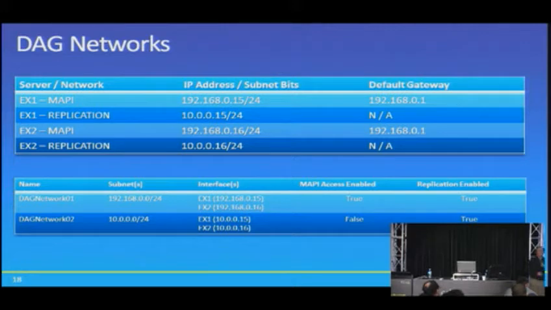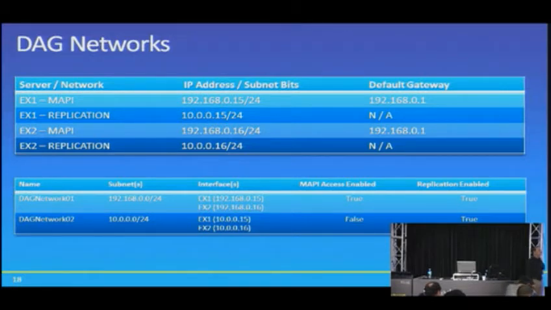Because we have two unique subnets, we have two DAG networks. One for the 192 subnet, one for the 10 dot subnet. And in that subnet are our interfaces, the actual IP addresses that we gave to each of the servers. So when you have two cards in boxes like this, and they're relatively simply configured because they're on the same subnet, it makes things real easy, and there's no additional configuration that you have to do to get your DAG networks working.